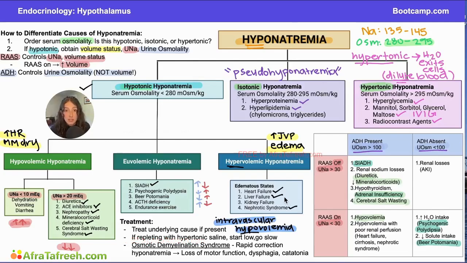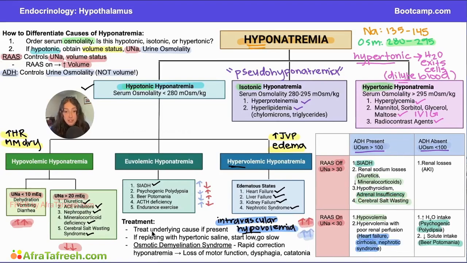One of the things that nephrotic syndrome does is it spills a bunch of protein in your urine. That protein oftentimes is albumin. And when we have low albumin, like we just talked about, we're not holding our fluid in our vascular system. Our kidneys see less fluid. They turn the RAS system on. Kidney failure is a little bit different, but the main takeaway for this set of diagnoses is that our RAS system is going to be on for all of them, and ADH is usually going to be present as well.